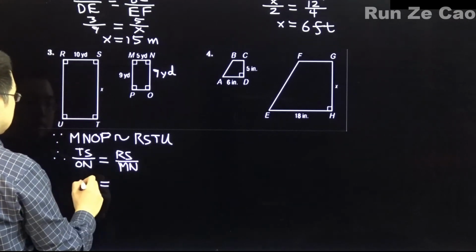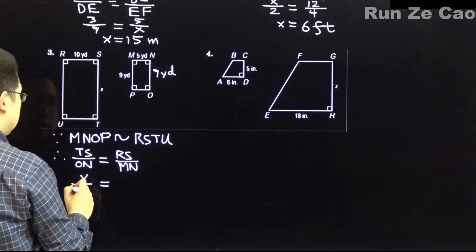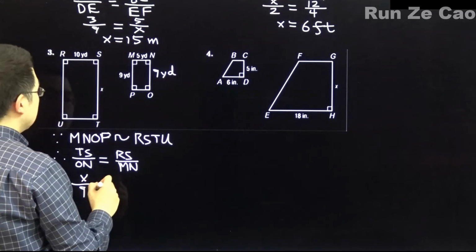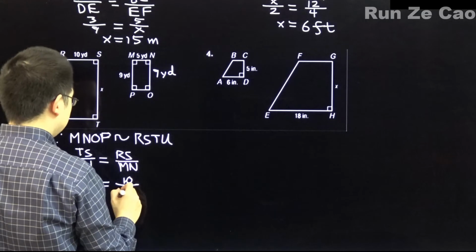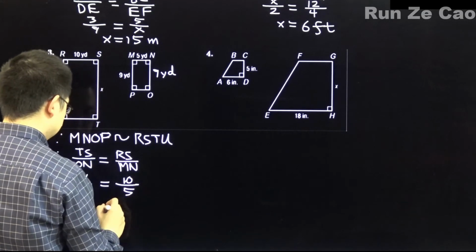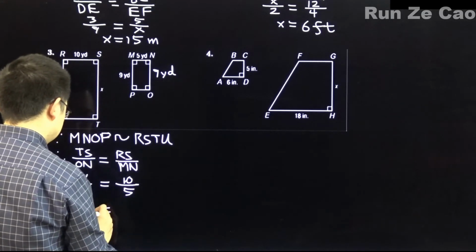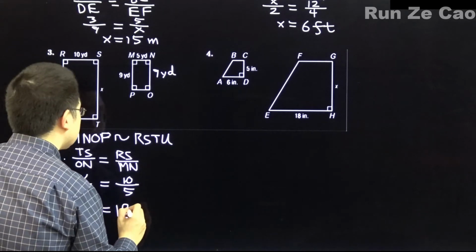So TS is X over ON, which is 9 yards, is equal to RS, which is 10 yards, over MN, which is 5 yards. X is equal to 18 yards.